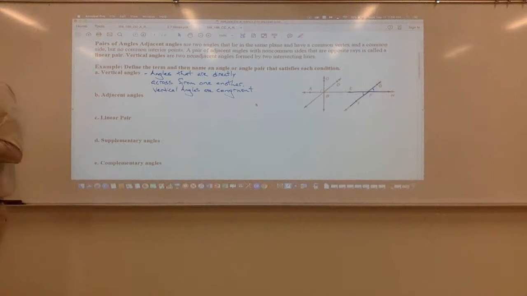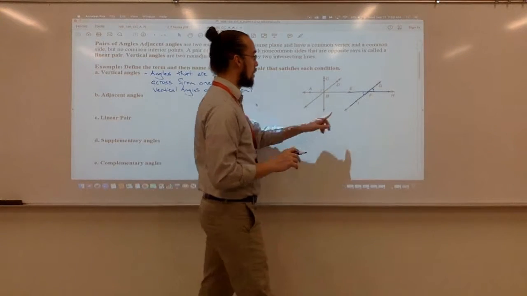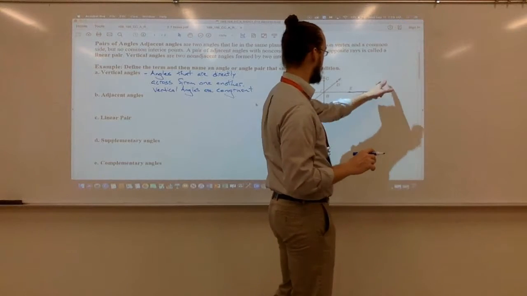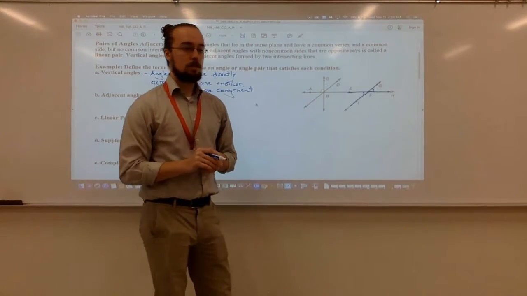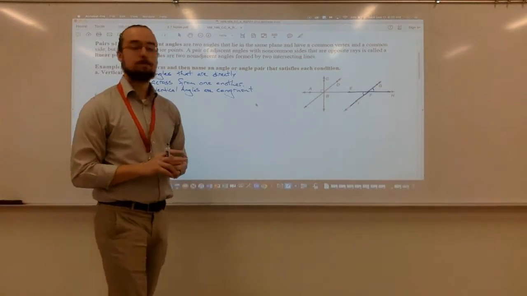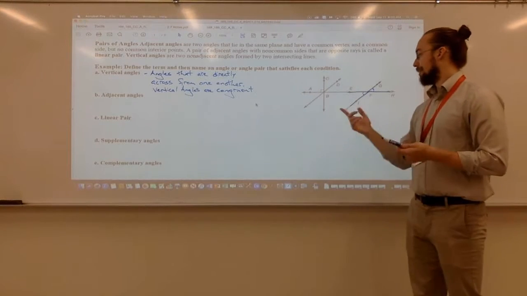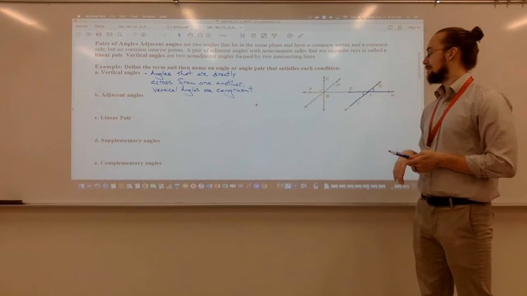Somebody look at this diagram and give me another example of vertical angles. IFH and EFG. Sure, that would work. What about another one? Like CBD and that one, yeah, that one's not labeled.